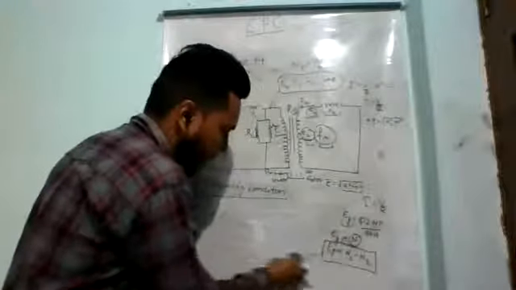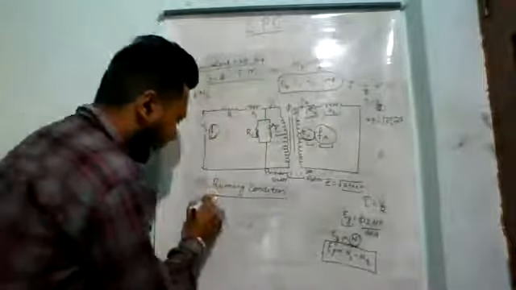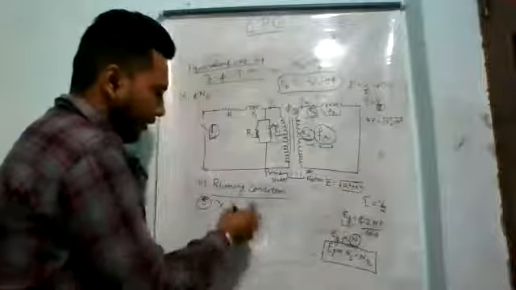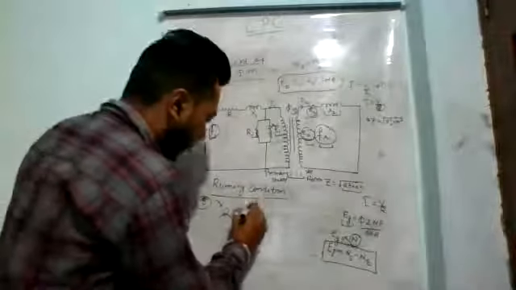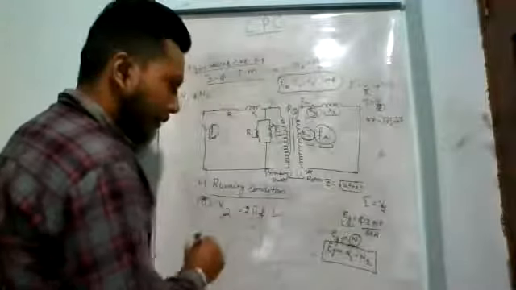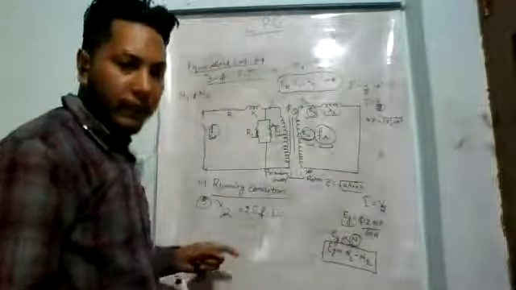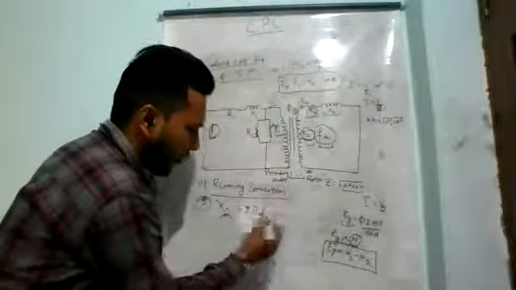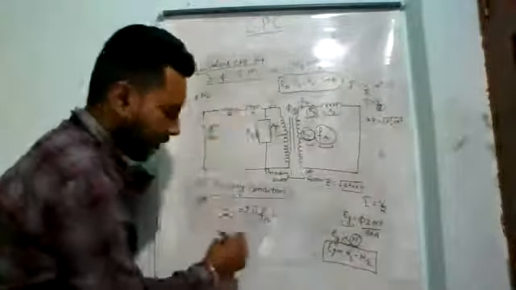Now, the third term is the secondary side reactance, X2. As we know, X2 is nothing but 2 pi f L. Here the frequency is the rotor frequency because we are talking about the secondary side.